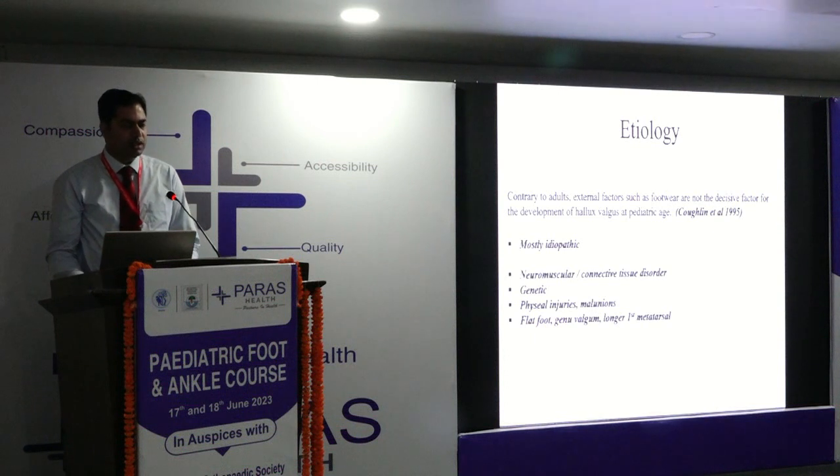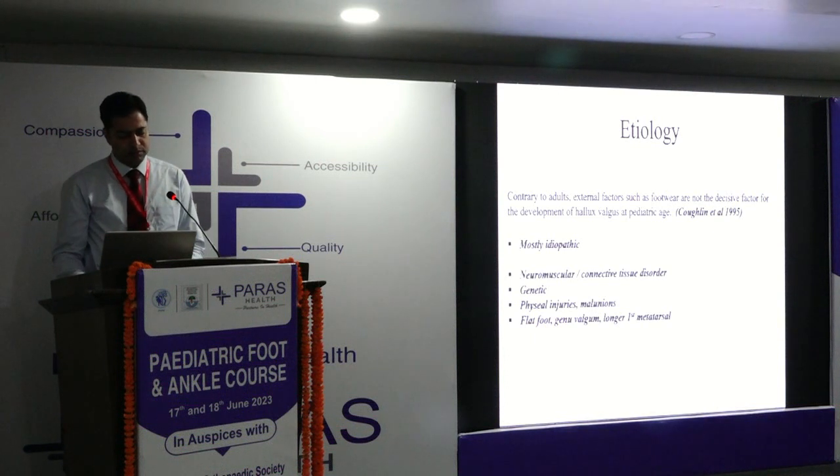And contrary to the etiology in adults, in children mostly they will be idiopathic, that is the cause cannot be discovered, and in few cases an underlying cause can be identified, of which neuromuscular and connective tissue disorders are most common.